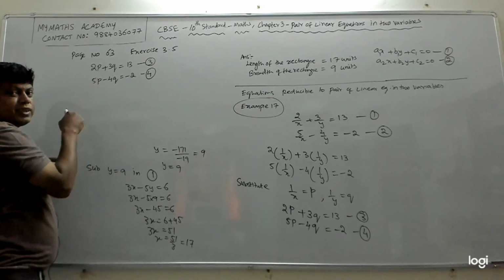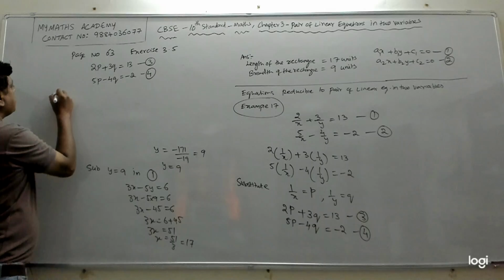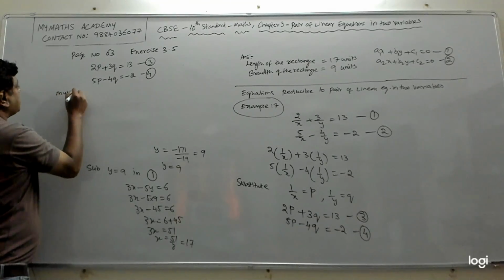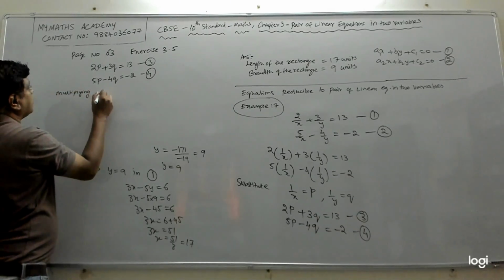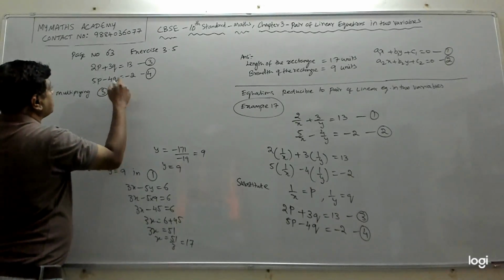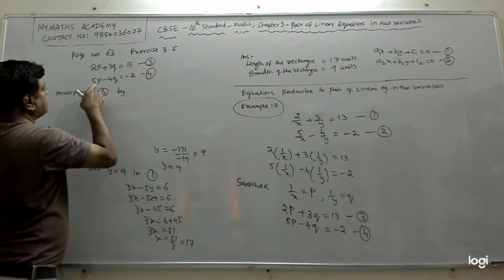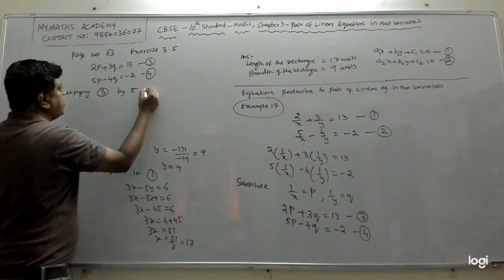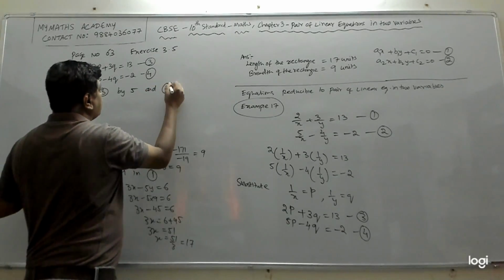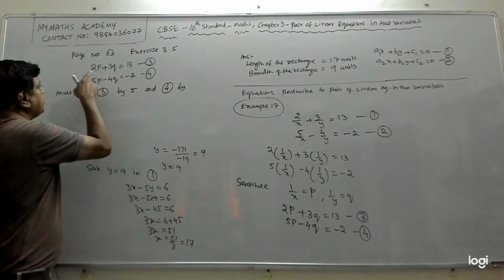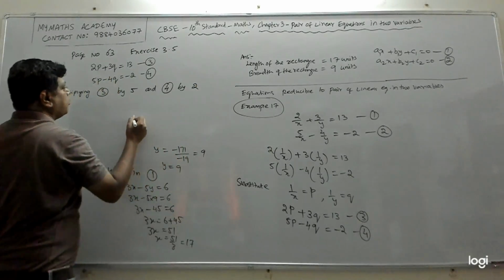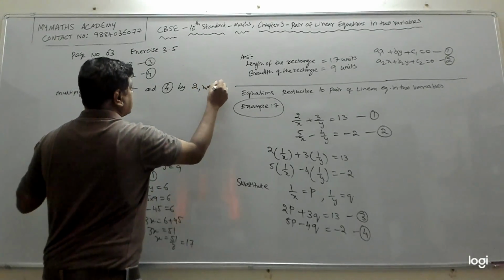So both will have the same coefficient. So multiplying equation 3 by 5, and equation 4 by 2, what do we get?